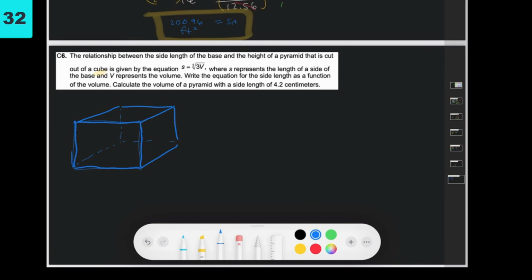Okay, so then a pyramid. They didn't tell us, but I think they call this a rectangular based pyramid. So let's just say that's the top. Okay, so they're saying this green thing in there.